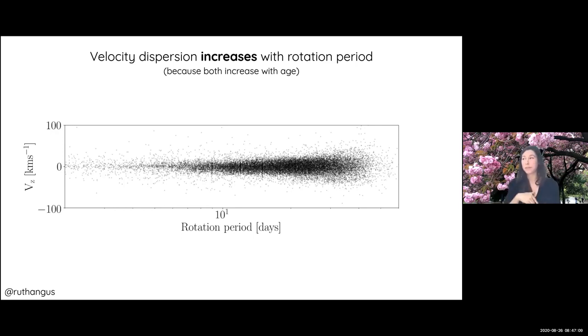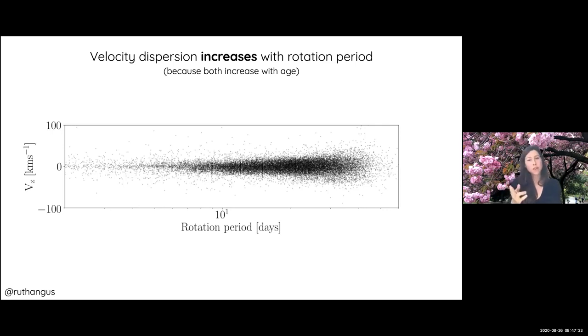That's the central tenet of gyrochronology. And by binning stars in rotation period, you can then almost bin stars by age, calculate the velocity dispersion, get a kinematic age that is the average age of all stars in that bin, and there you are, you have a kinematic age that you can use to calibrate gyrochronology.